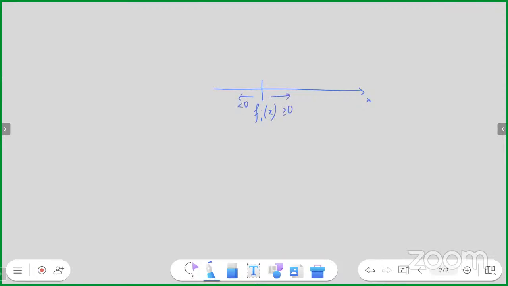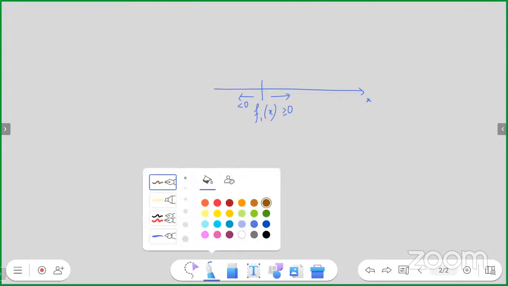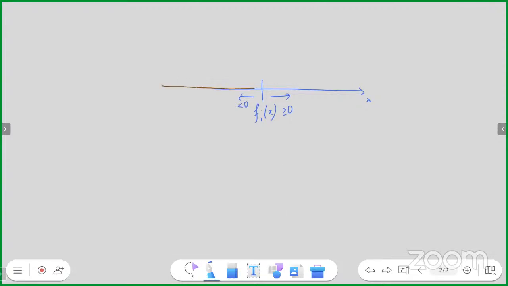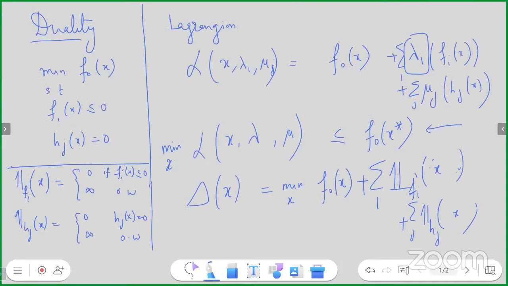This is fine. What kind of function is the indicator? It's just suddenly from 0 just goes to infinity. And what kind of function is this one?